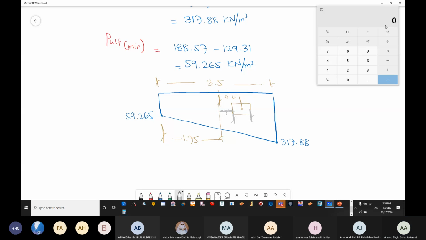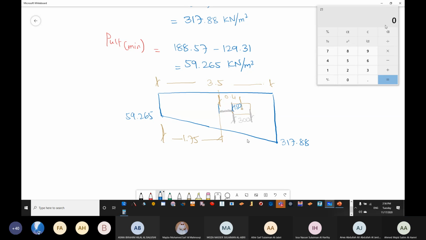Now, the column in this direction was 300. It means from here to here we have 150. Excuse me, sir, please check, is it 300 or 500?